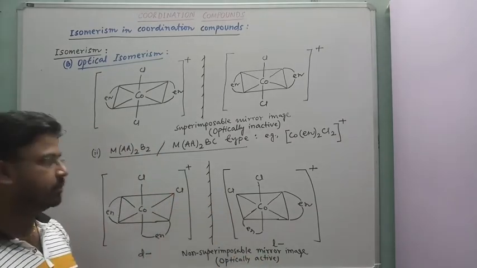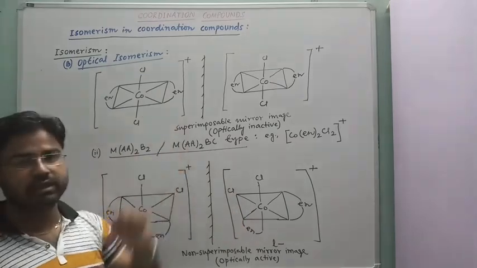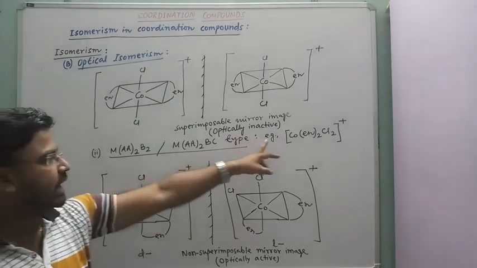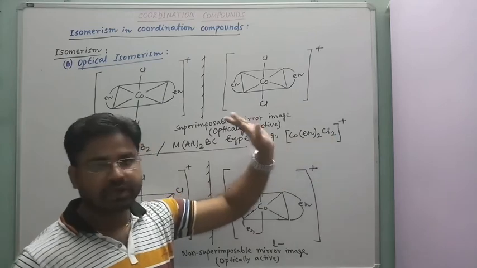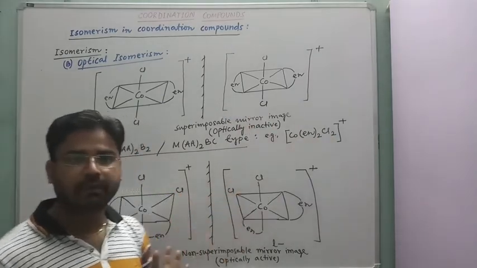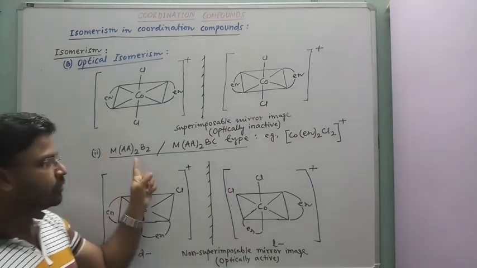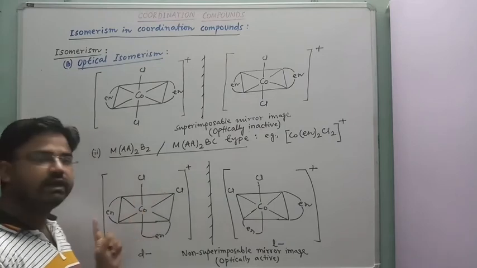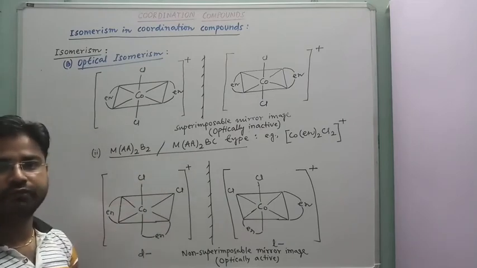They are optically active. So they are optical isomers, whereas these are not optical isomers. So MAA2B2 or MAA2BC type of compound can show optical isomers only by its cis form, not the trans form.